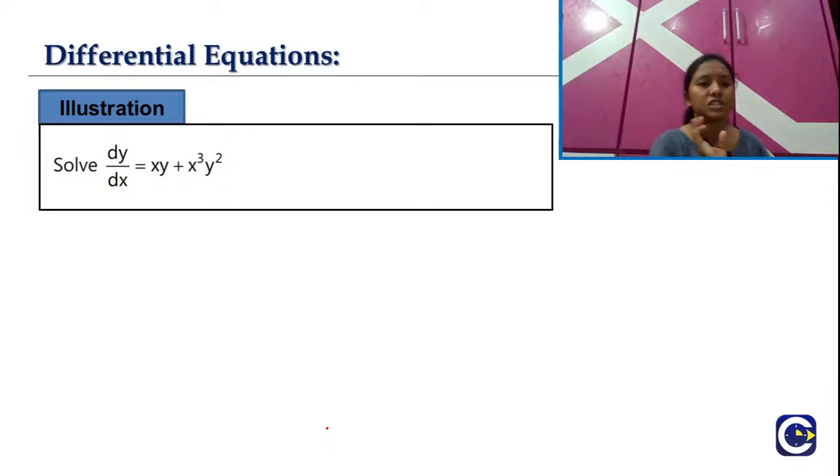There is a small concept that we have discussed just now. Just now we even solved a question related to the linear form of differential equation. So this is not that difficult to solve. You guys can do it. And this is of course a JEE level question, so you have to be careful and try to solve it.